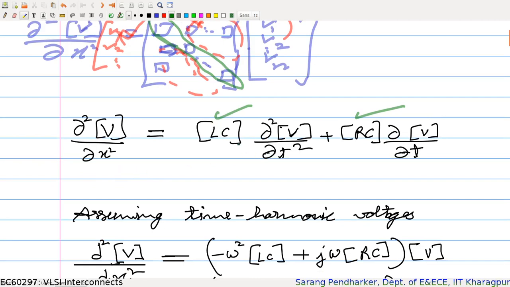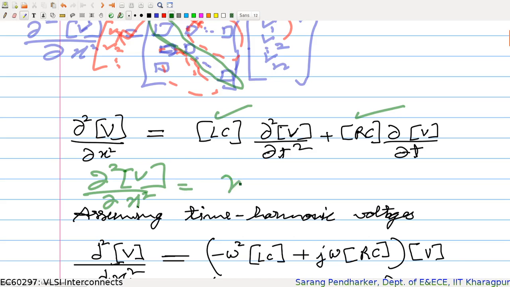Even if you diagonalize LC or RC, you are still not able to solve it because there is a time derivative here. What you should be doing is replacing this with the final form, which will help you.